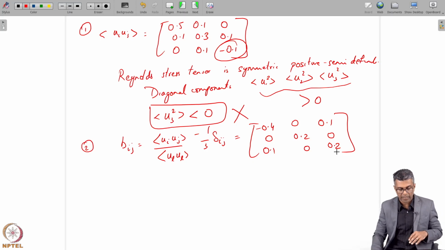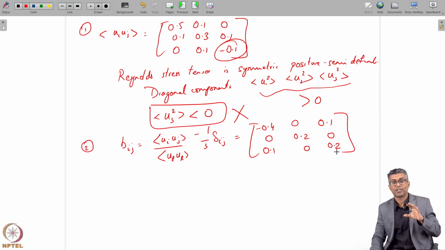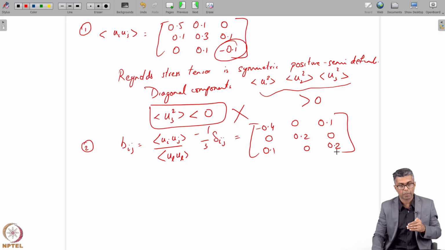Okay, so this is b_ij, which is the Reynolds stress tensor normalized with twice the kinetic energy, essentially, right? u_l u_l is twice the kinetic energy. And then subtracted with minus 1/3 delta_ij. So that is the Kronecker delta. Essentially what you're getting is the anisotropic part, isn't it? Now, remember, the diagonal components have to be non-negative, which means the diagonal components of b_ij have to be greater than what?